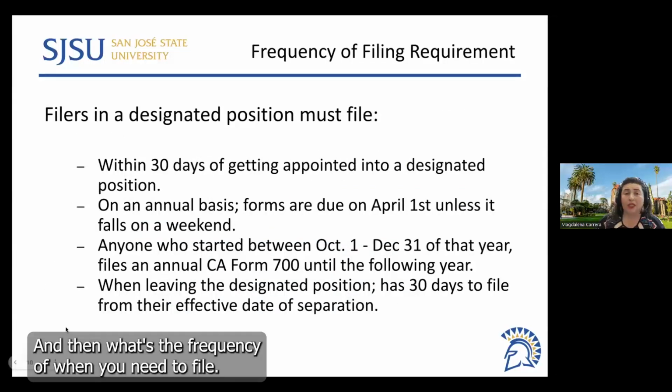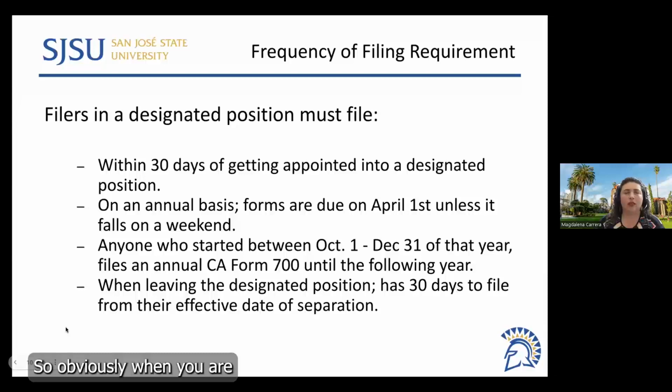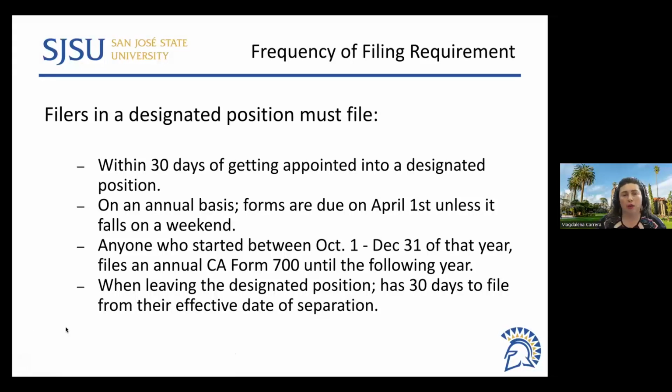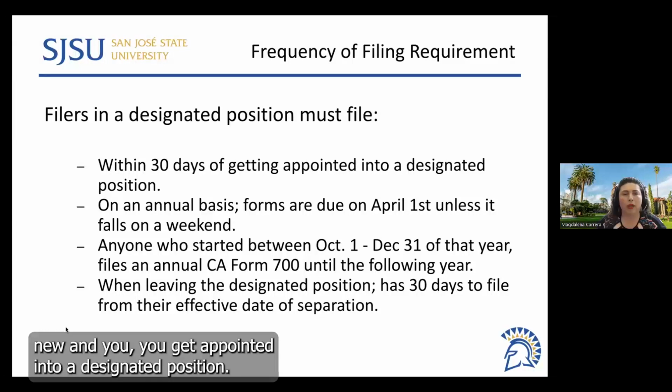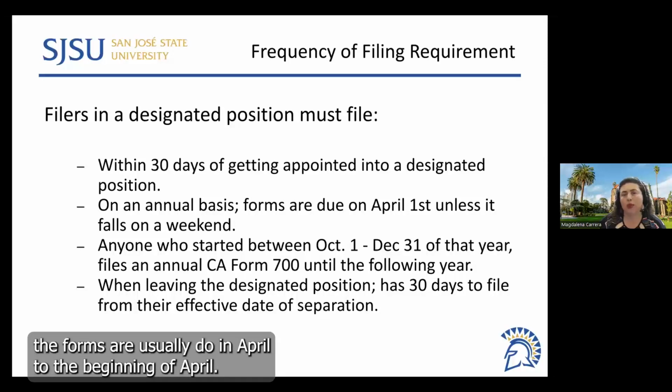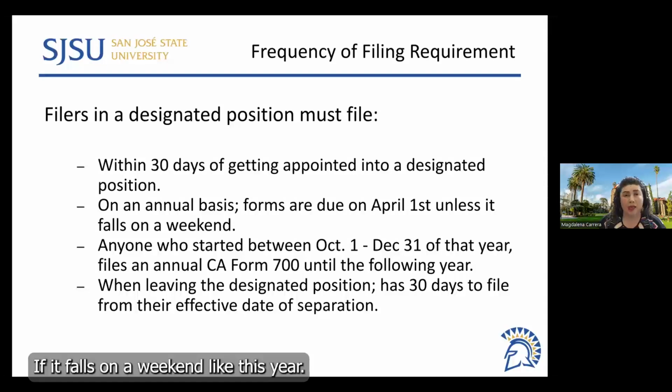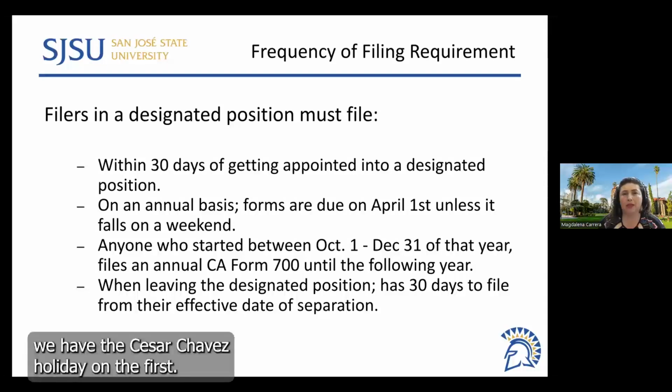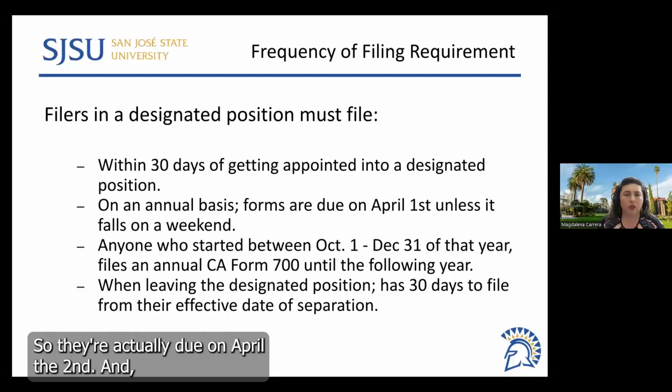And then what's the frequency of when you need to file? When you are new and get appointed into a designated position, you'll have 30 days to file. And then on an annual basis, the forms are usually due at the beginning of April. If it falls on a weekend, or like this year, we have the Cesar Chavez holiday on the 1st, they're actually due on April the 2nd.